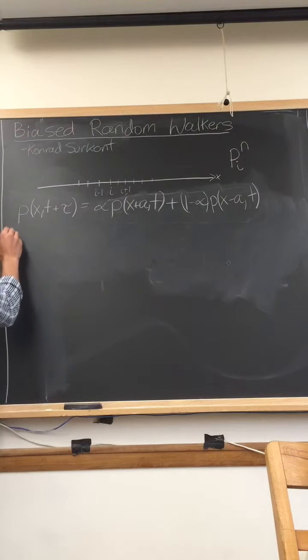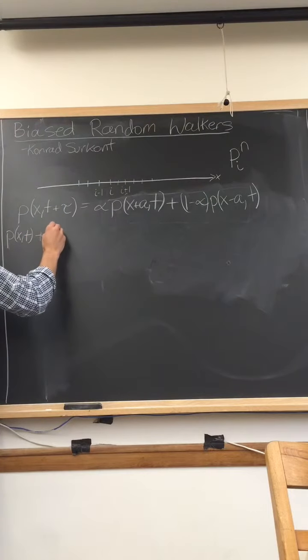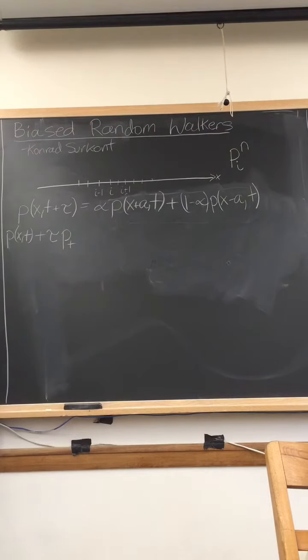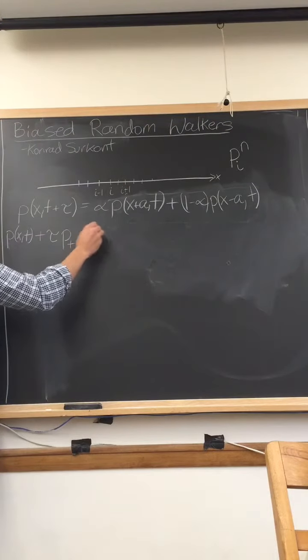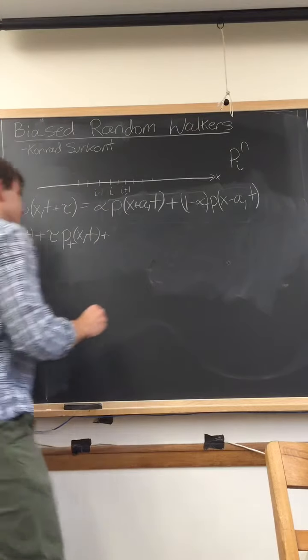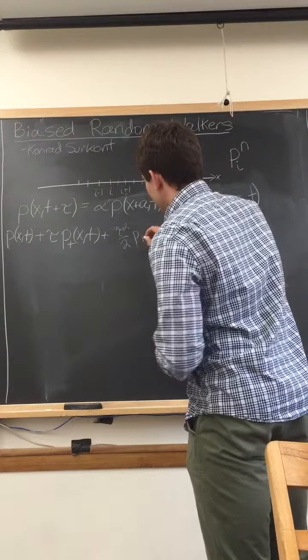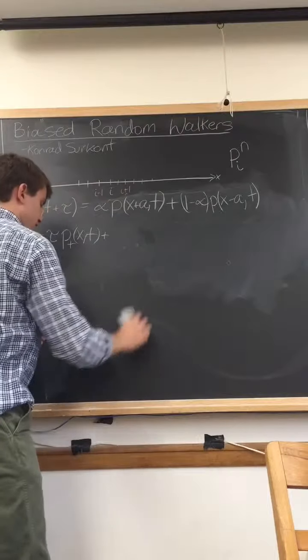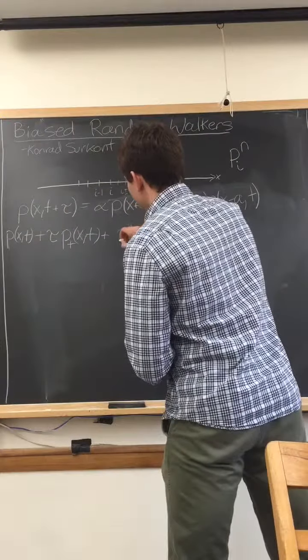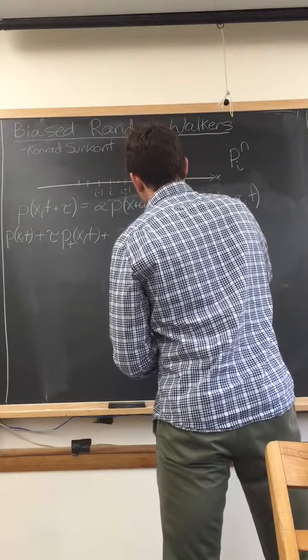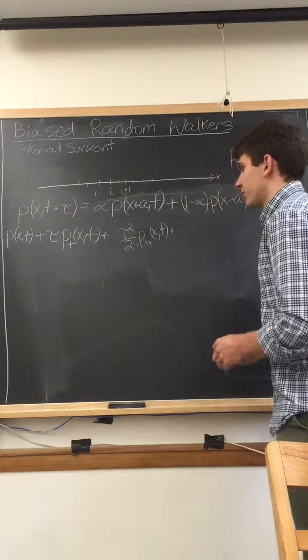We get p of x and t, plus tau times the partial time derivative of p of x and t, plus tau squared over 2 times the second time derivative, plus dot dot, because there are more partial derivatives if you Taylor expand.